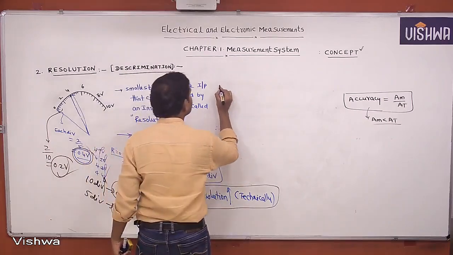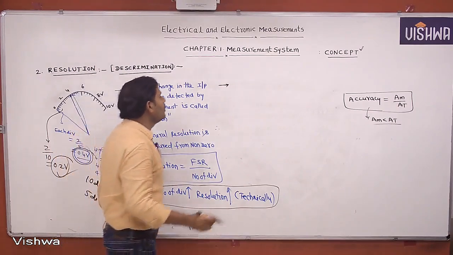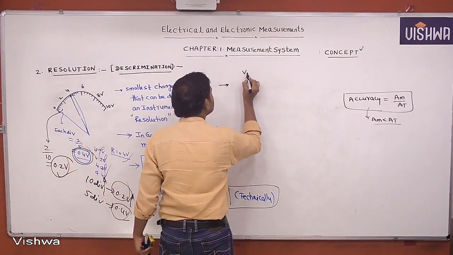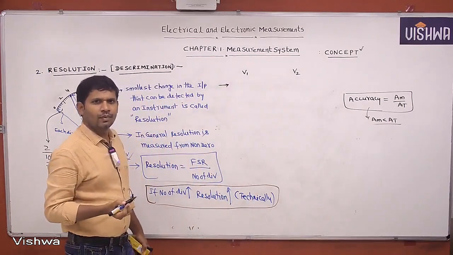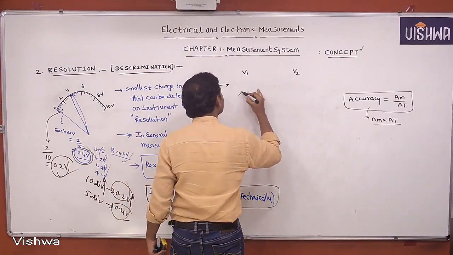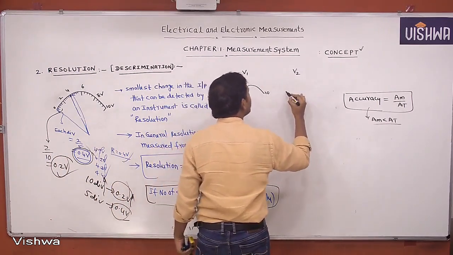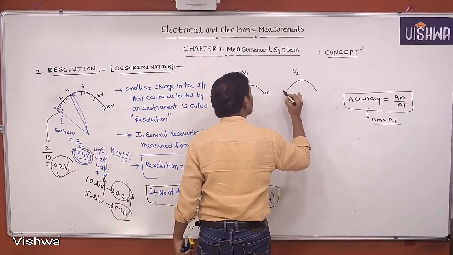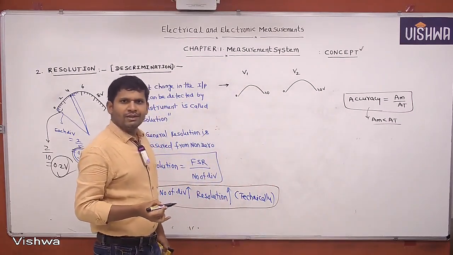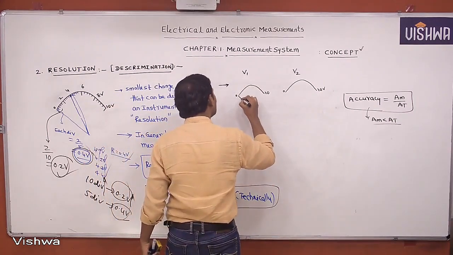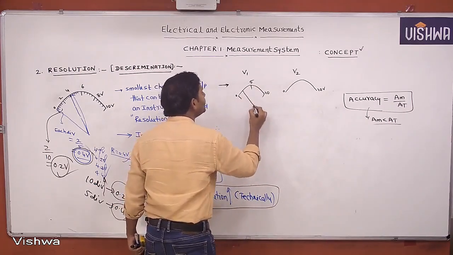One more point. Listen please. For example, 2 voltmeters. One is V1 voltmeter, another one is V2 voltmeter. Both are 0 to 10 volts voltmeters. But one is designed like this: 5, 10, only 2 divisions.